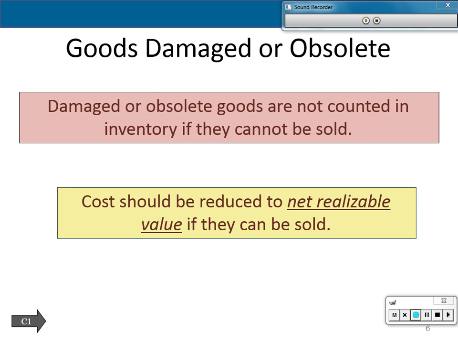Goods that are damaged or obsolete, sometimes this happens, and so if it is damaged or obsolete, then it's not counted with inventory if it's something that still cannot be sold. Sometimes things are damaged, but they still find a way to get some kind of money from it, so we have to put that as a part of our inventory count. But if it absolutely cannot be sold, then we take it out, and the cost will reduce net realizable value or salvage. Just a quick question.